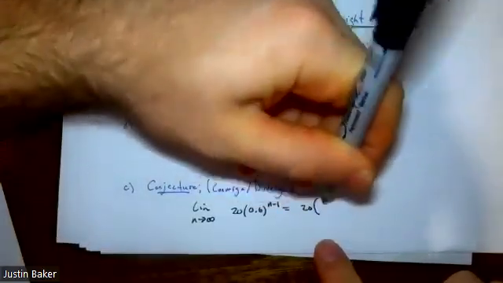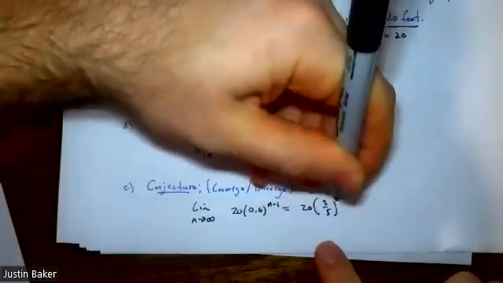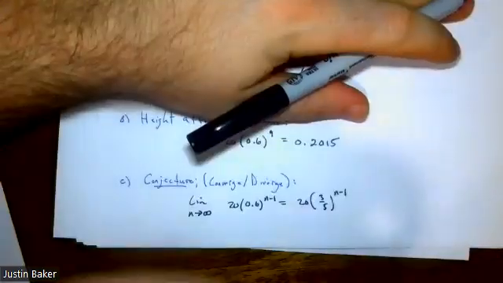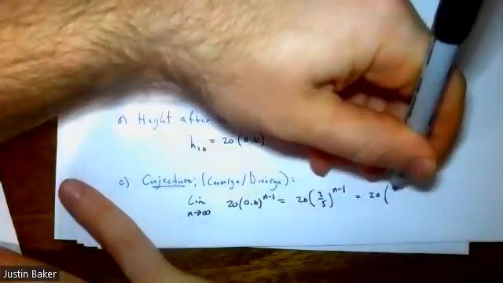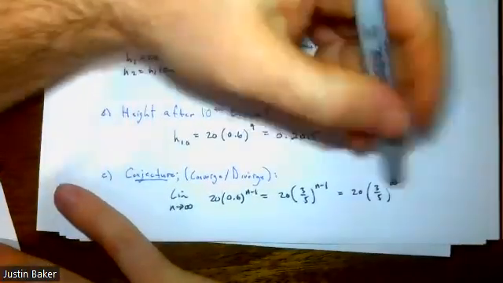All right, so this would be the same thing as saying 20 times 3/5 to the n minus 1. So as we do that limit value, we've got a picture of what's happening here. If this is 3/5, and you raise it to infinity, it's just going to keep getting bigger and bigger.